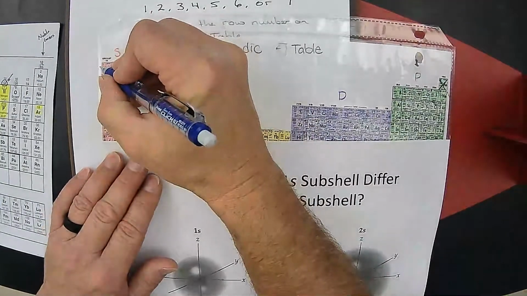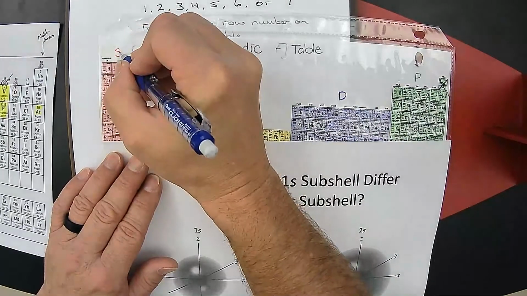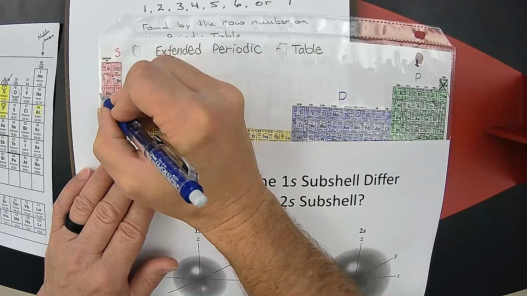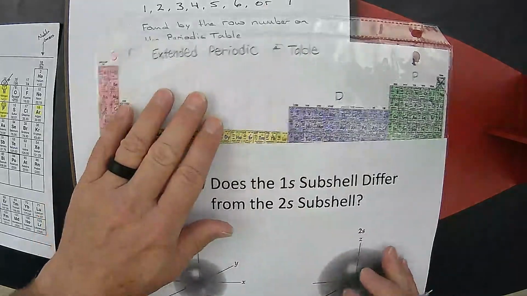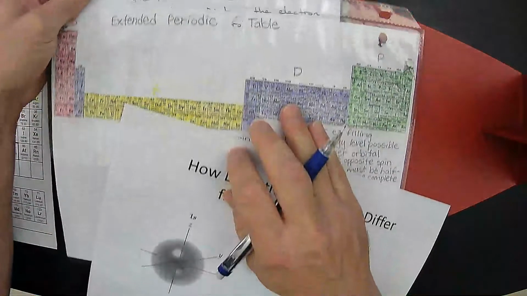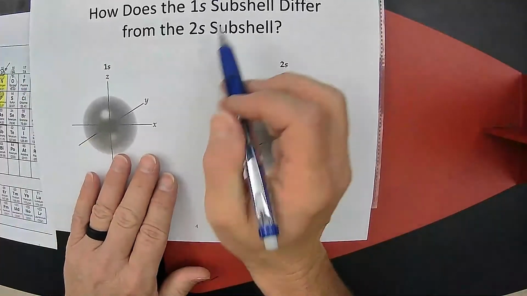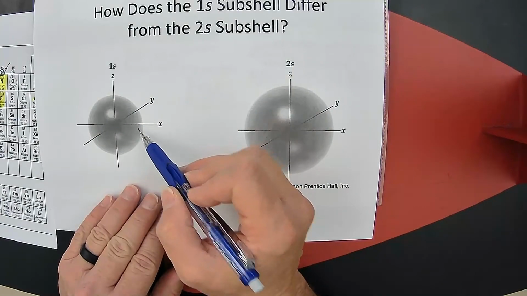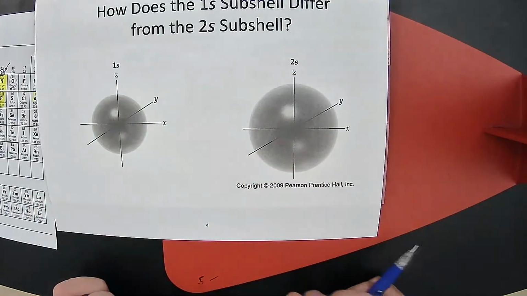Well, what's different from this first row, the 1s, versus the second row, the 2s, or the third row, the 3s? Well, very similar to our energy levels previously. It just means the subshell, the S area of space, the sphere is getting bigger.